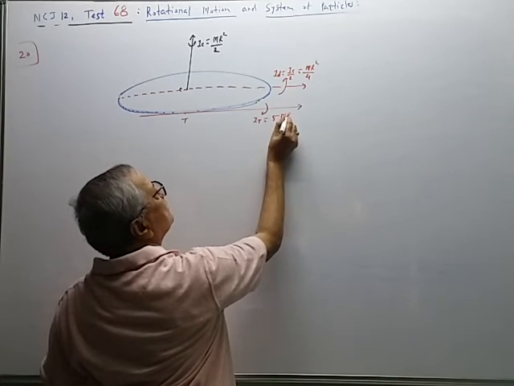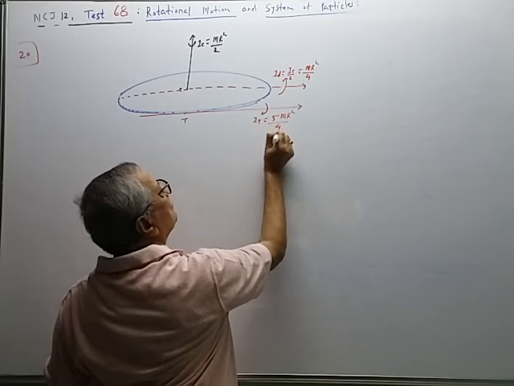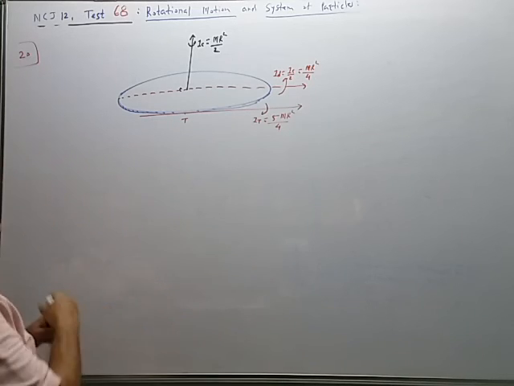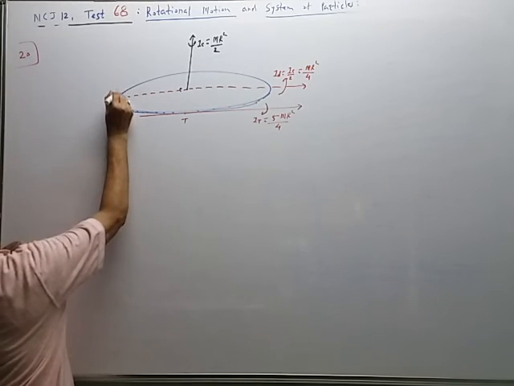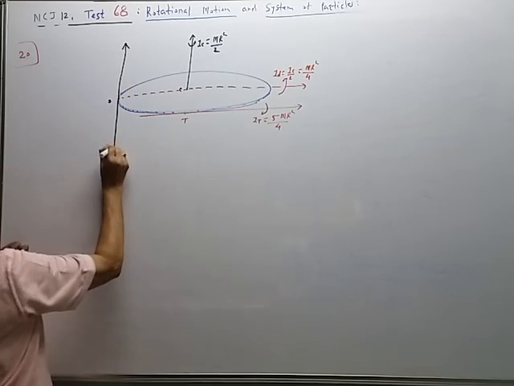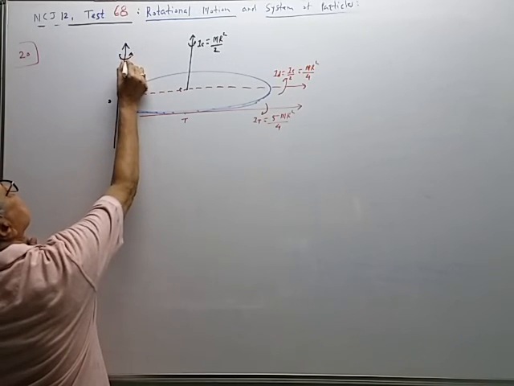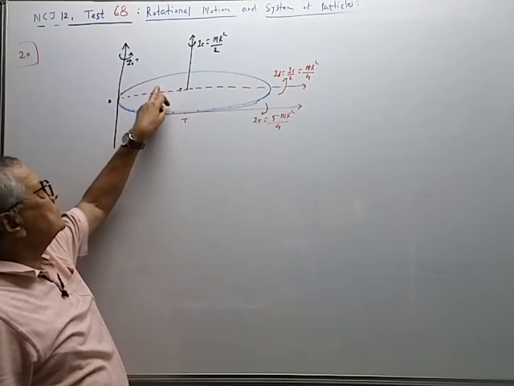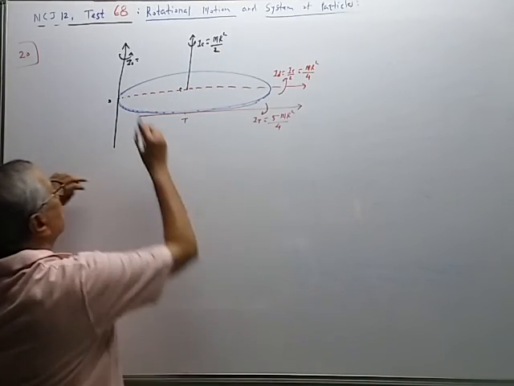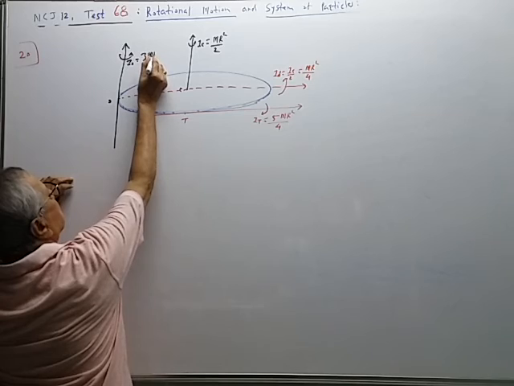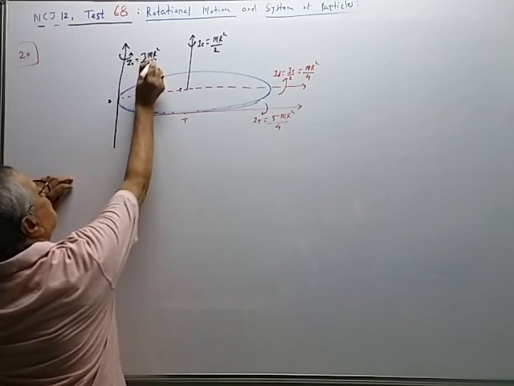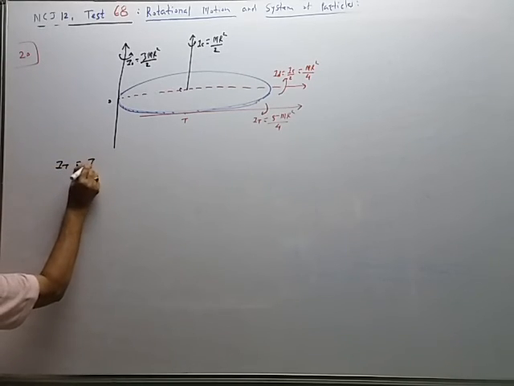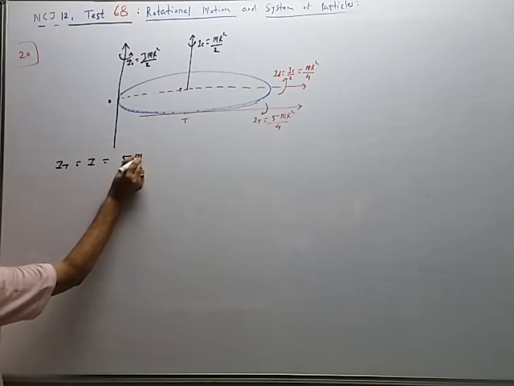So this is equal to 5 mr square by 4. And we drew one more tangent. This is the point. IO is equal to. Now, the distance between these two parallel axes is again h is equal to r, so mr square gets added. So this region directly gives 3 mr square by 2, like this. So IT is equal to I is equal to 5 mr square by 4.